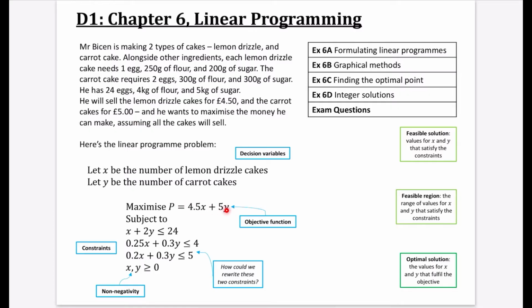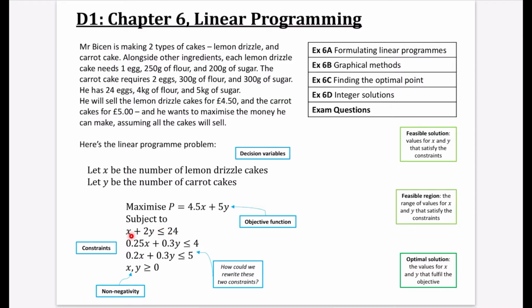But I can't just maximize this because I can't just make as many carrot cakes as I can, assuming that they're all going to sell, because I have a restriction. I have some constraints on the ingredients that are available to me. So this is the constraint section that we've got down here. I've got 1, 2, 3 constraints and this non-negativity constraint as my fourth one here. So the things that it is going to be subject to is that x + 2y must be less than or equal to 24.